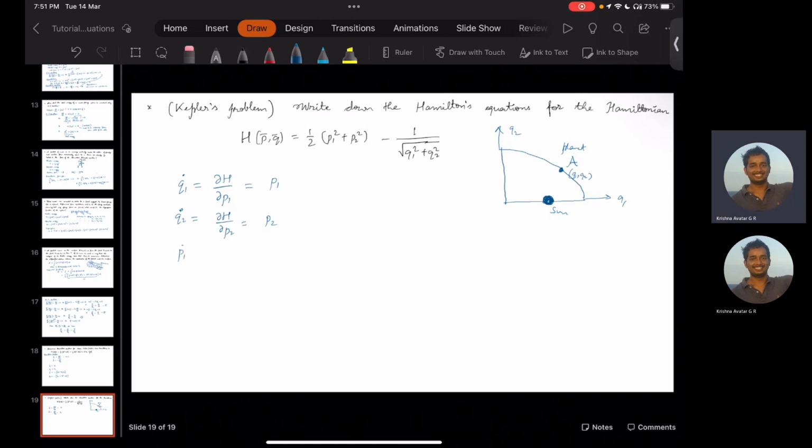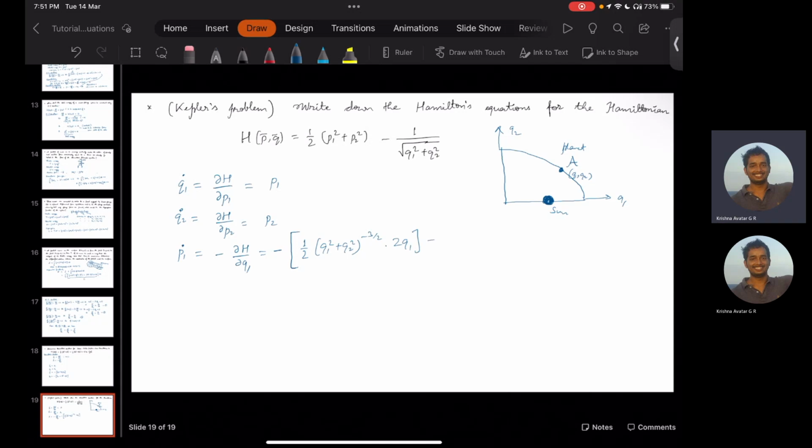The third is p1 dot is equal to minus del H by del q1. This is minus into minus, so plus half of q1 squared plus q2 squared, minus 3 by 2 into 2 into q1.